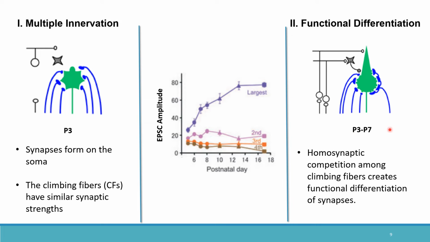Between postnatal day 3 and 7, functional differentiation of synapses occurs due to competition between climbing fibers. Some climbing fibers start releasing more synaptic vesicles and elicit EPSCs of higher amplitudes. Subsequently, the climbing fiber that evokes the largest EPSC becomes selectively strengthened.